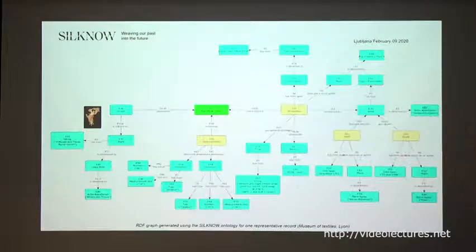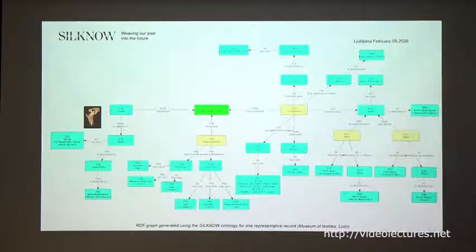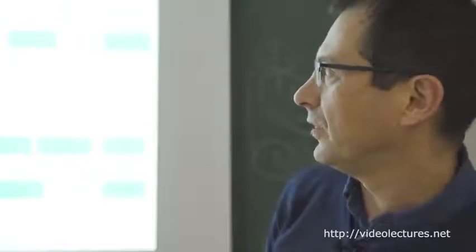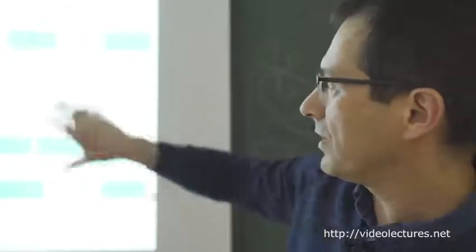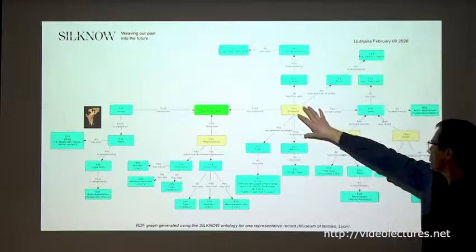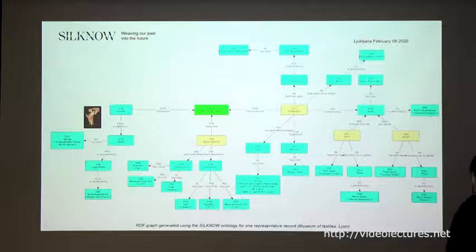Then we express the mapping in a visual representation, a kind of graph here. So you can see for the example, the graph expresses the measurement, the information about production, about the creator, etc.